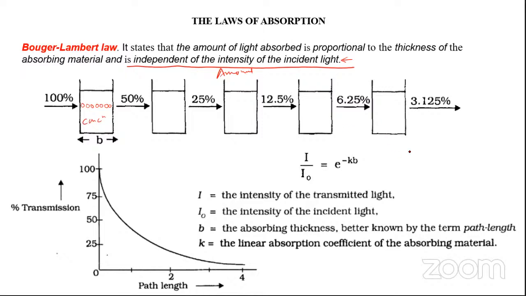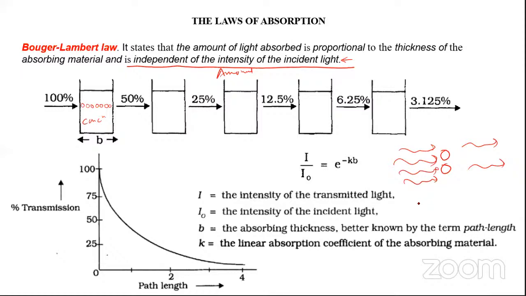Let me put it like this. Suppose there are two molecules in the path of light, and there are 1, 2, 3, and 4 light radiations striking. Now out of these 4, say 2 strike, so 2 radiations are lost and the rest pass through, correct?